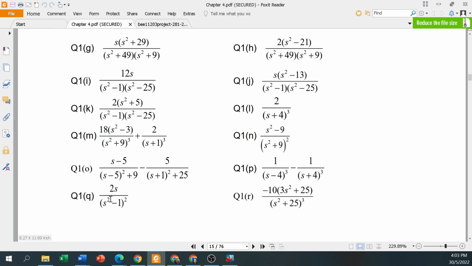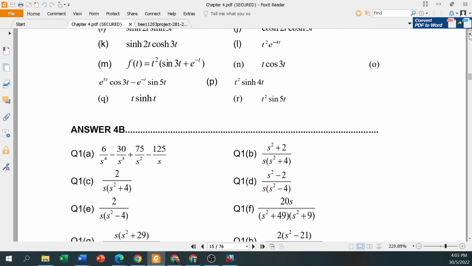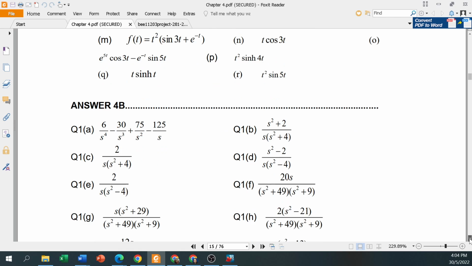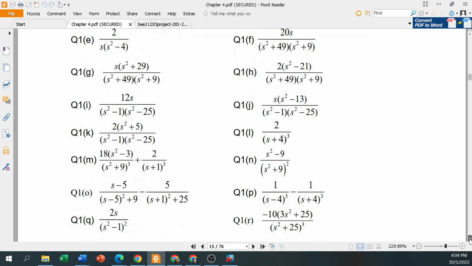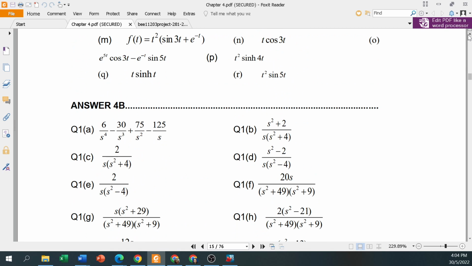The answer should be 2s over (s squared minus 1) squared. Let me see where the mistake is. This one uses another property but should get the same answer. Is it correct? t sin t.